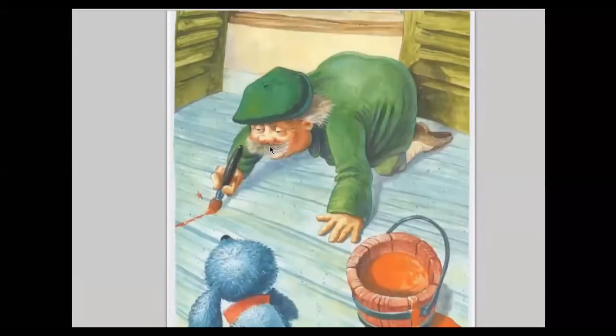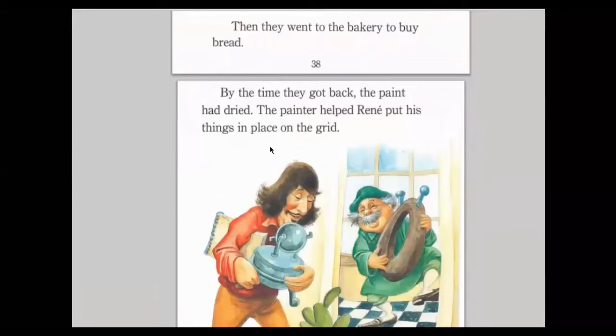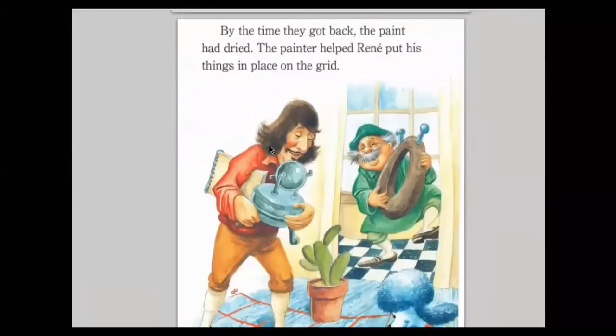And there they go, painting the floor. Then they went to the bakery to buy bread. By the time they got back, the paint had dried. The painter helped René put his things in place on the grid.